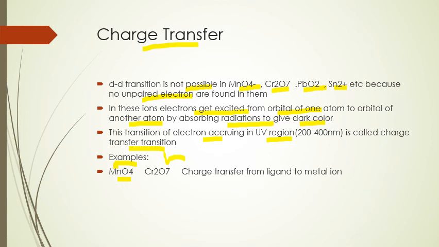This arrow here shows the transfer from the oxygen atom to the chromium. So this is the charge transfer from the ligand to the metal ion. It is responsible for the colored ions or the transition compounds which appear colored.